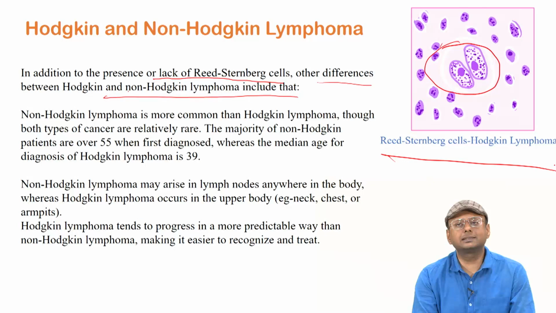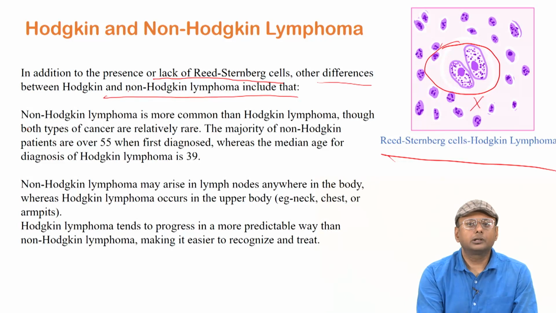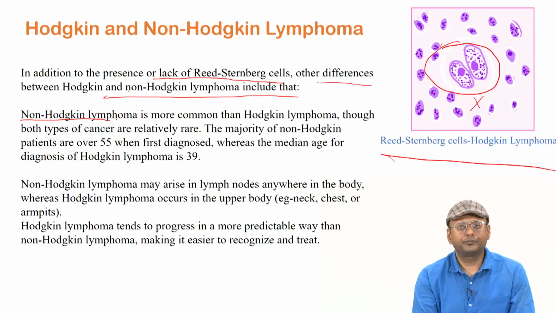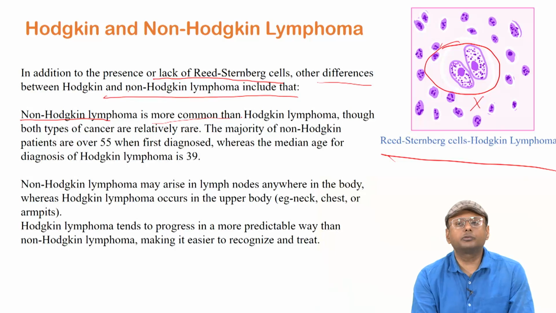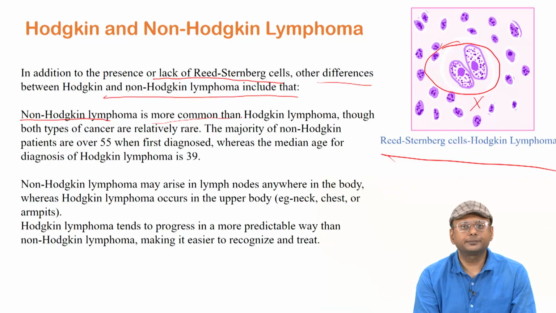If these big cells are present, this form of lymphoma is called Hodgkin lymphoma, and if they are not present, it is termed non-Hodgkin lymphoma. Non-Hodgkin lymphoma is, incidentally, the more common form of lymphoma than Hodgkin.